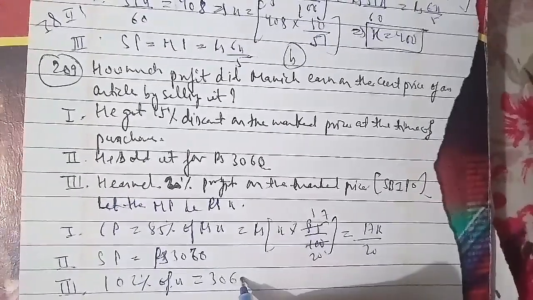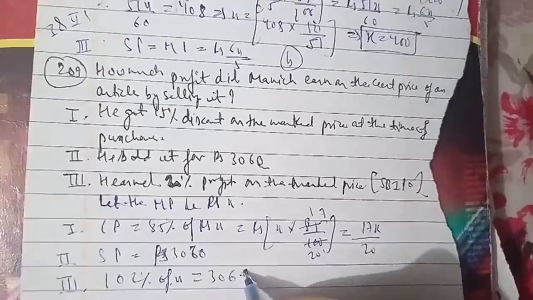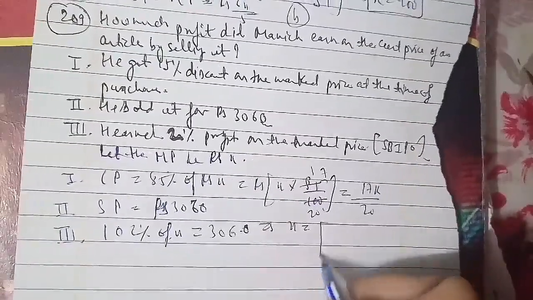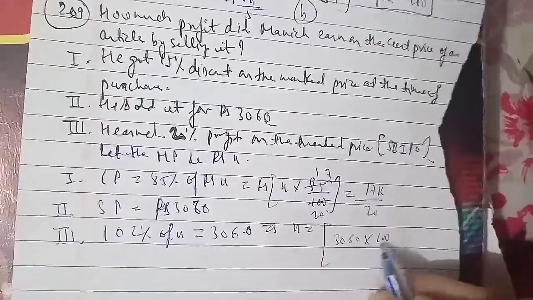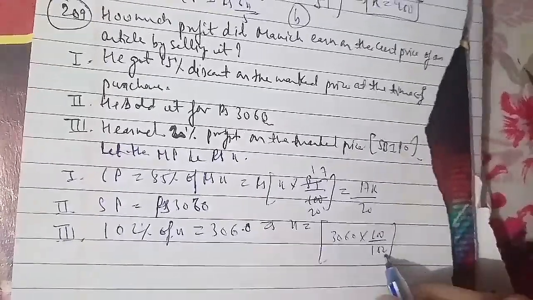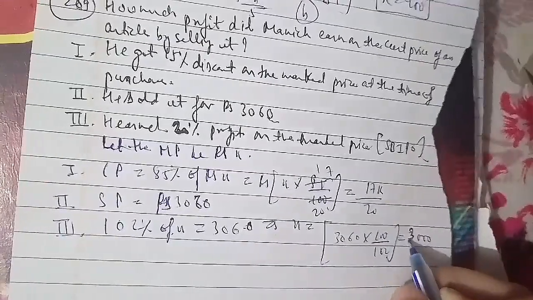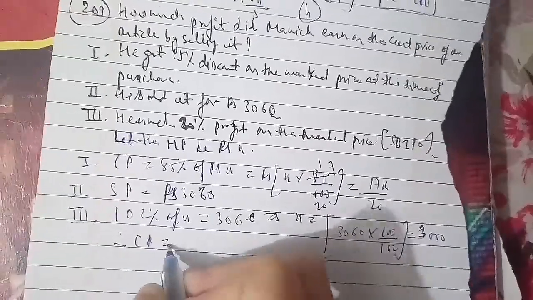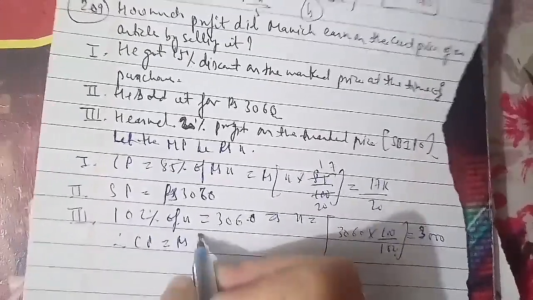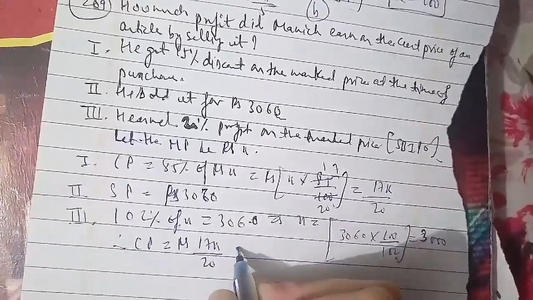For that, X equals 3060 into 100 upon 102, which equals 3000. That means the cost price equals rupees 17X upon 20, which equals rupees 17 upon 20 into 3000.